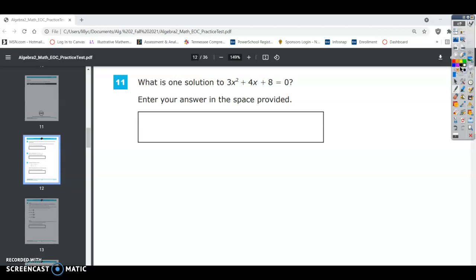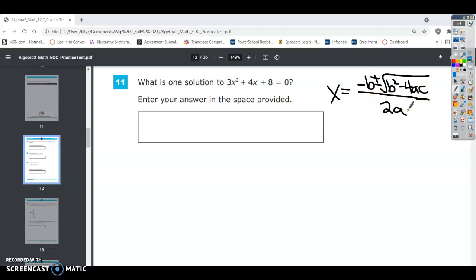All right, x equals negative b plus or minus the square root of b squared minus 4ac all over 2a.